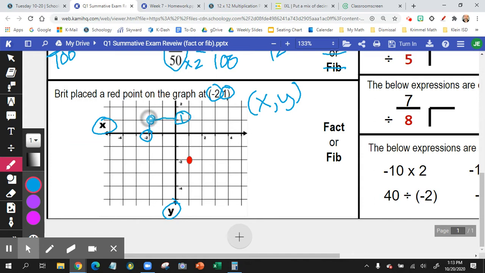So this point should be over here, but Britt placed a red point on the graph at +1, -2. It looks like Britt mixed up the x and the y. They're backwards. So this is a fib.